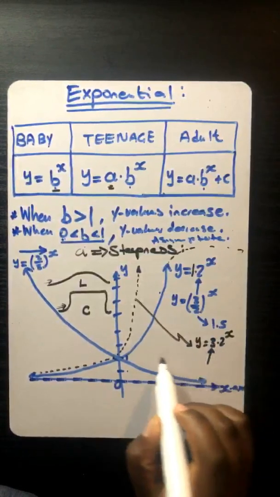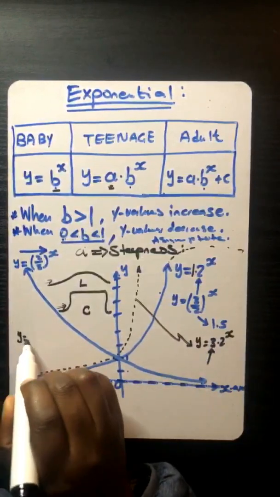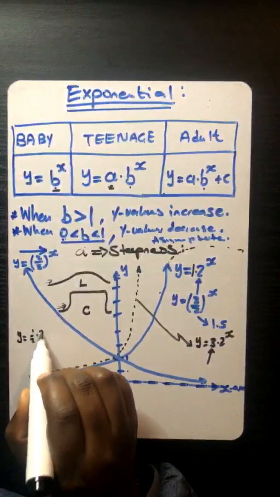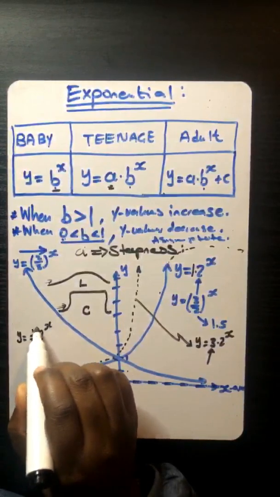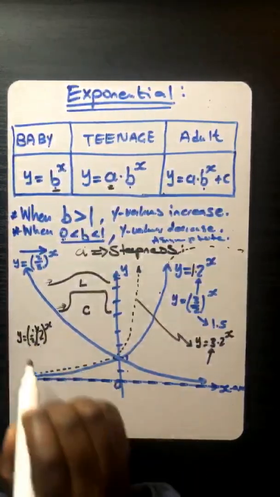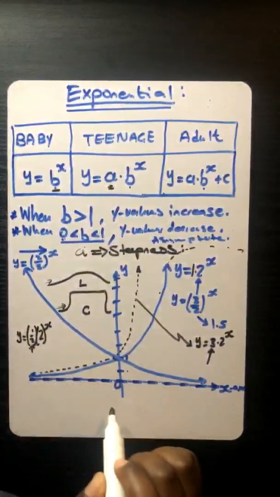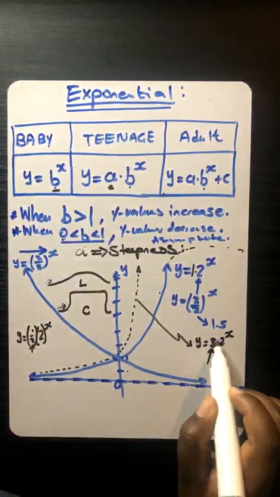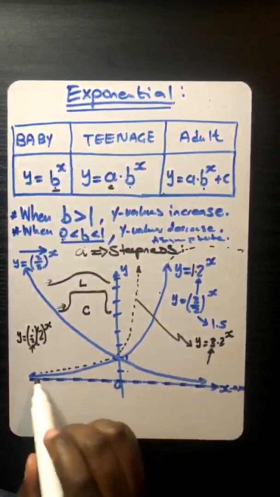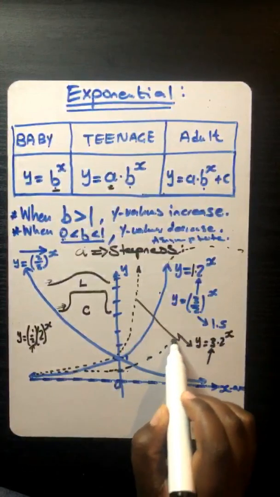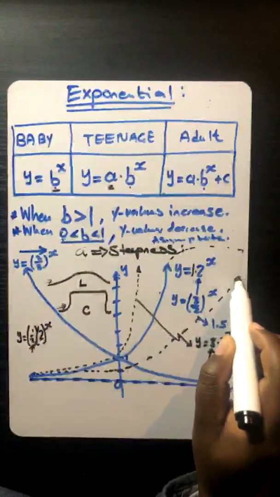So for a function of y equals, let's say, a half times 2 to the exponent x, because this is now a half, a lesser value compared to 3, you might find that your function is now something like that.